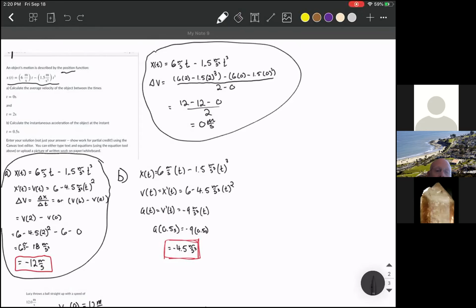I think I'm catching on to what you're saying, that you're a little bothered by the fact that you got a 12 at both time equals 0 and time equals 2, right?